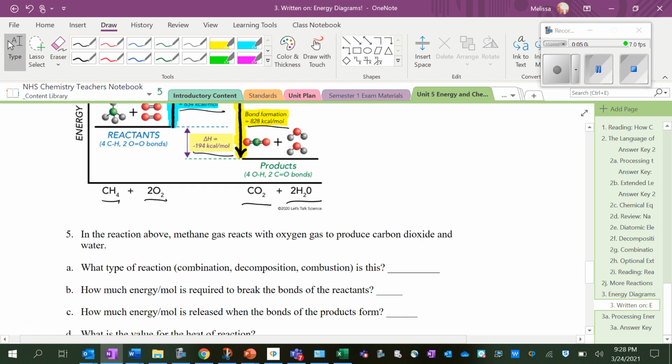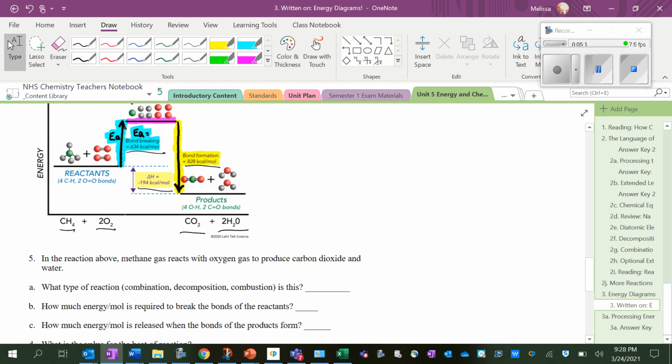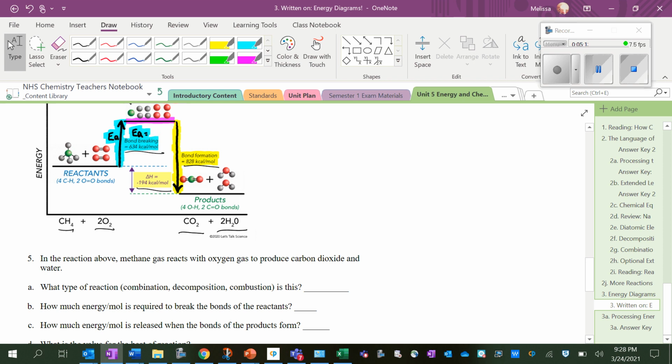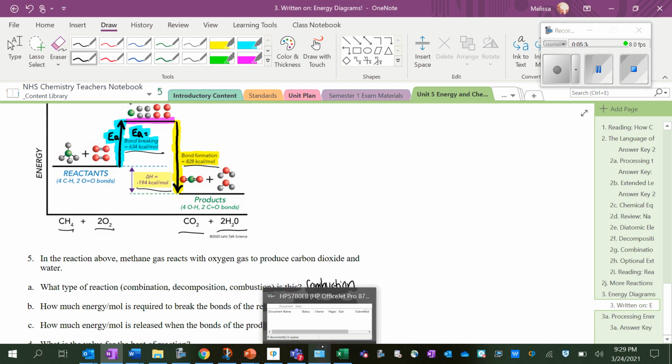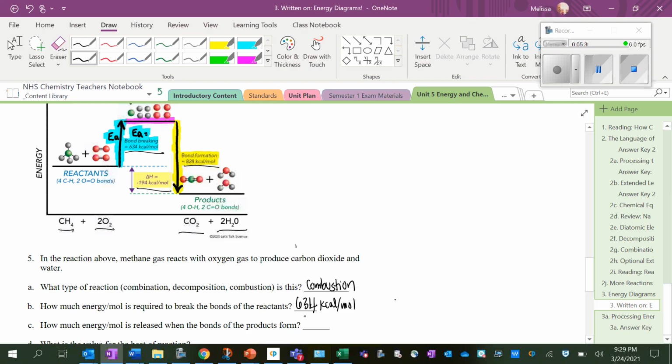So in the above reaction, methane gas reacts with oxygen gas to produce carbon dioxide and water. What type of reaction is this? This is a combustion. Classic. How much energy per mole is required to break the bonds of the reactants? 634 kilocalories per mole. How much energy per mole is released when the bonds of the products form? 828 kilocalories per mole.